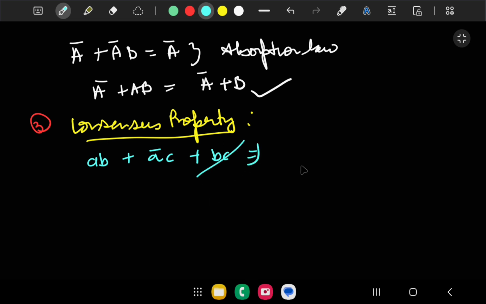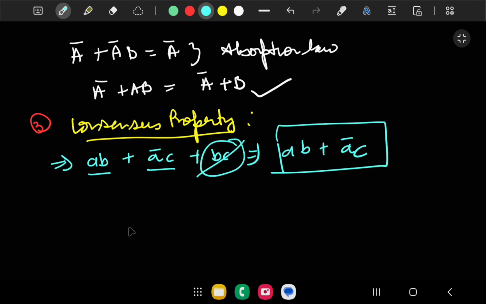How? You can write it down as AB plus A bar C. This is the idea. The name doesn't matter, but you should check this property. With A you have B, with A bar you have C, and they are together, and you can remove this thing. And you can get AB plus A bar C.